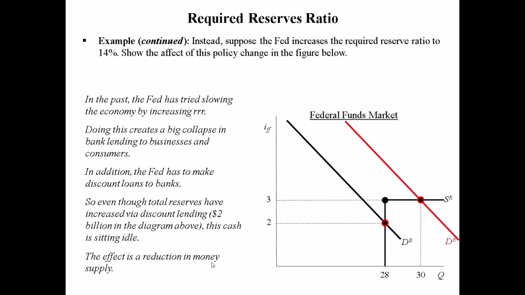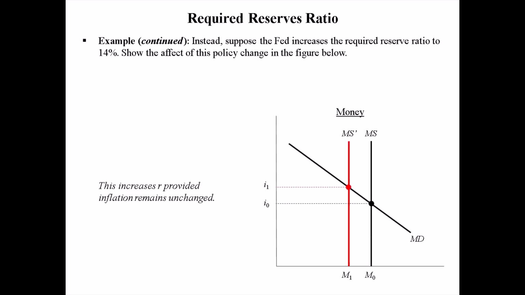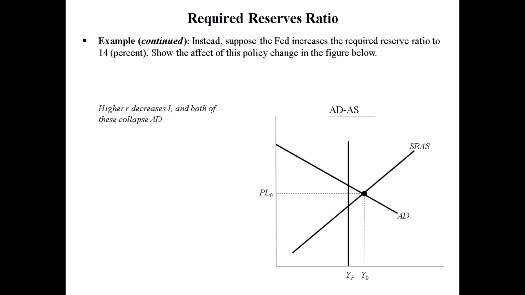So the effect is to reduce the money supply, and then the interest rate that prime consumers and prime businesses, prime borrowers, have to pay goes up. So this increases the real rate of interest if inflation expectations remain unchanged. So a higher real rate of interest decreases investment and exports, and oftentimes will push us into a recessionary gap.